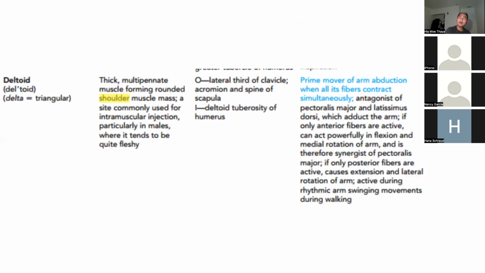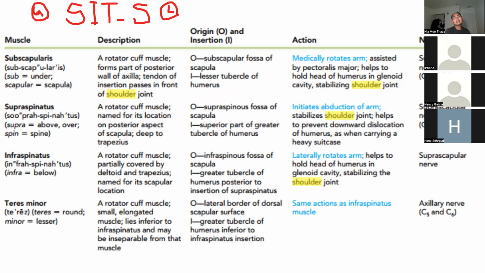So these are the origins and insertion of the deltoid muscle, and these are the origin and insertion of the rotator cuff muscles, which we try to remember as SIT: supraspinatus, infraspinatus, teres minor, and subscapularis.